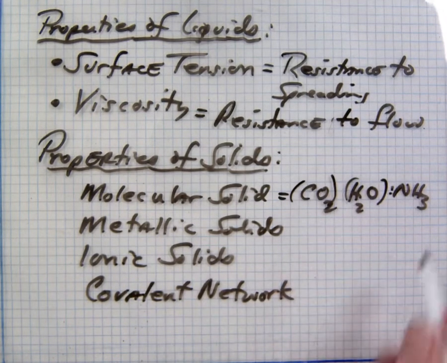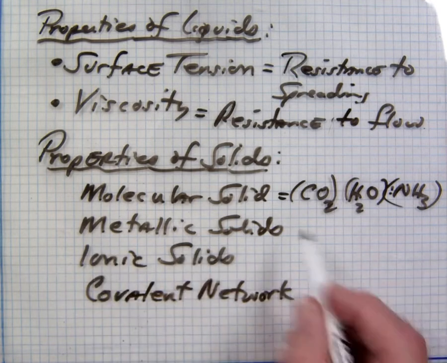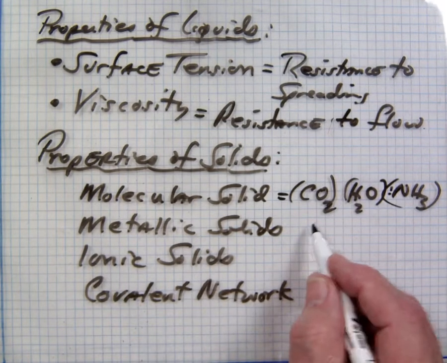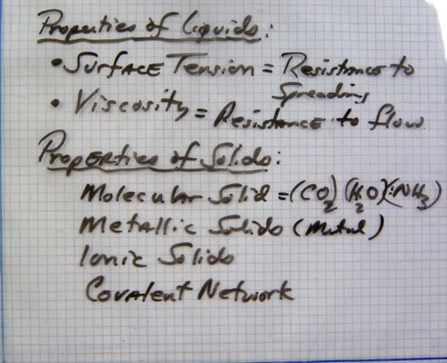CO2 in its solid form, or ammonia can be pushed down, but rocks, pebbles, all of that is molecular solids. Metallic, well, that's any kind of metal in wire form. What copper, silver, coins, and so forth, metal.